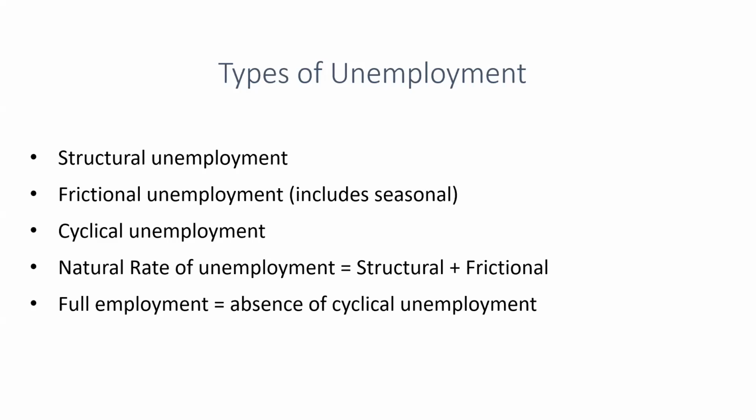Another very, very easy way of understanding cyclical unemployment is to understand the concept of demand and supply. Let's say there are more people looking for jobs compared to the number of jobs available. The unemployment that arises is called cyclical unemployment. To scale the problem down, let's say there are 10 people looking for jobs and there are only 6 jobs available.